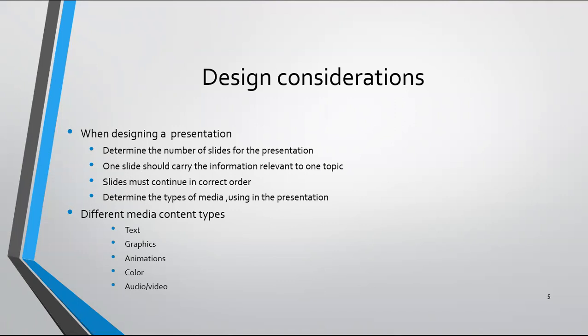So different types of media we are having. For example, text, graphics, animation, color, audio, and video. Those are the different media content types that we can use with these electronic presentations, right? So you need to determine the type of media used in the presentation, right?